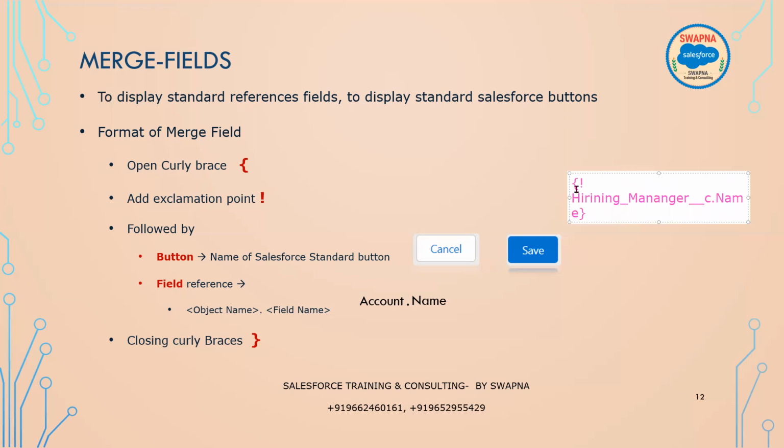Whatever data you want to display, you can use that. We will see those concepts further on. For now, we need a merge field for the button, so that's the reason we are talking about it.